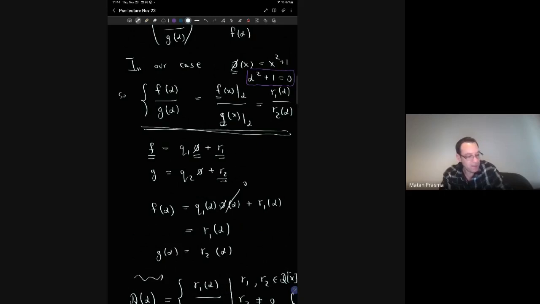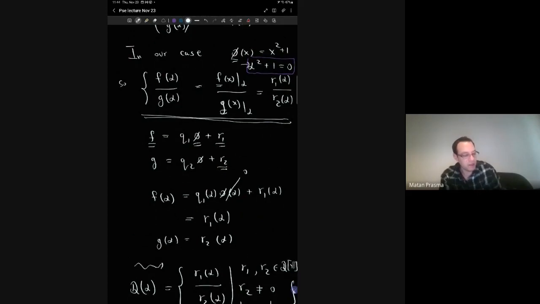I mean, this relation would not happen if alpha were some kind of abstract new variable, but if it's an abstract variable satisfying this relation, then I have this equality in Q of alpha.